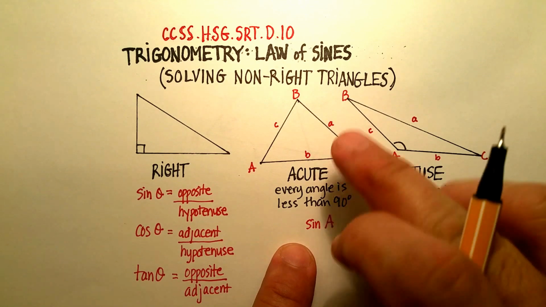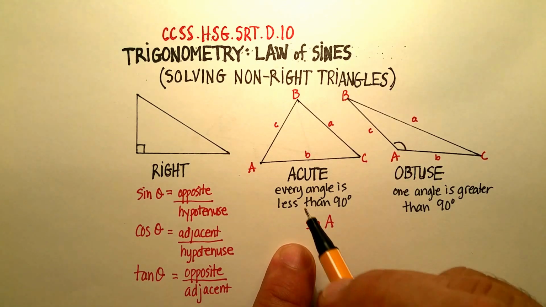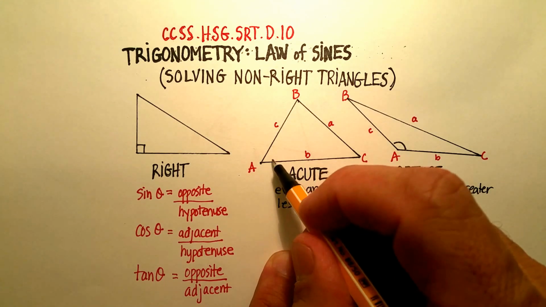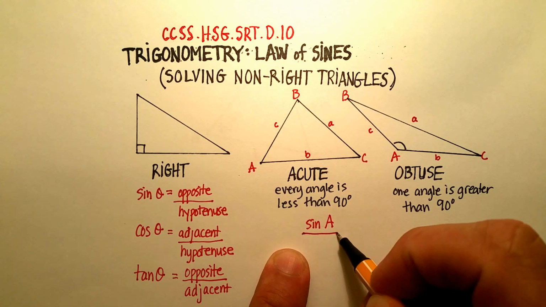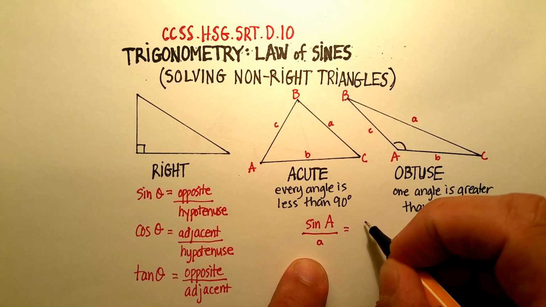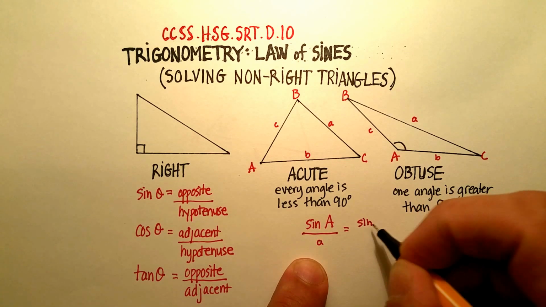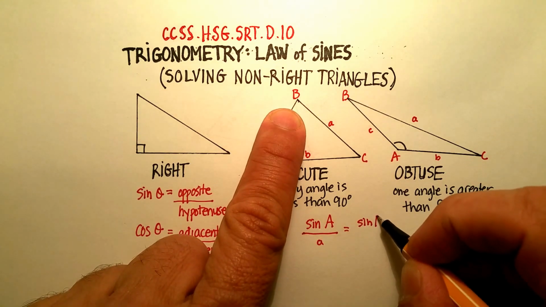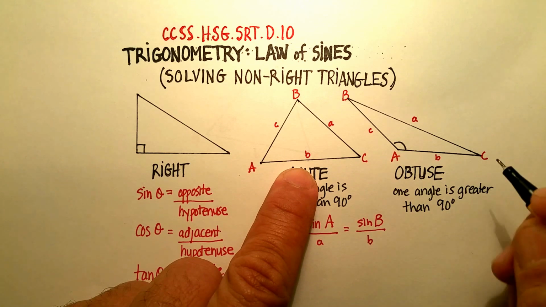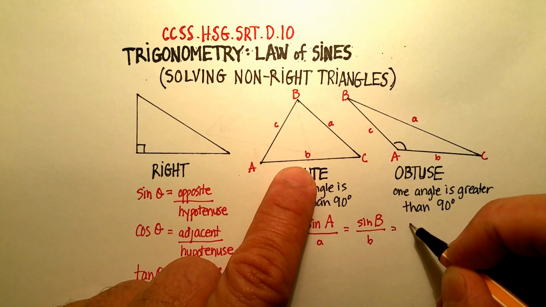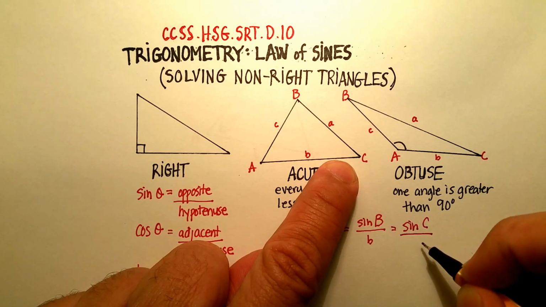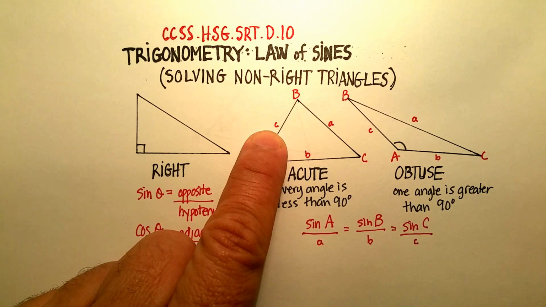Now, the law of sines says this: the sine of angle A divided by the side a will be equal to the sine of angle B divided by the length of side b, and that's equal to the sine of angle C divided by the length of c.